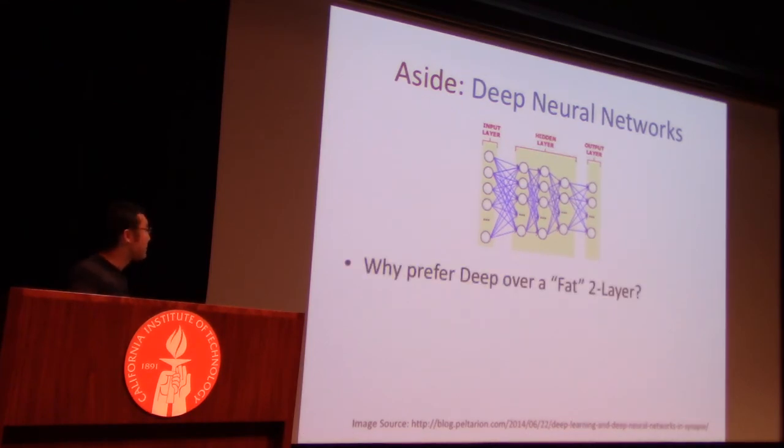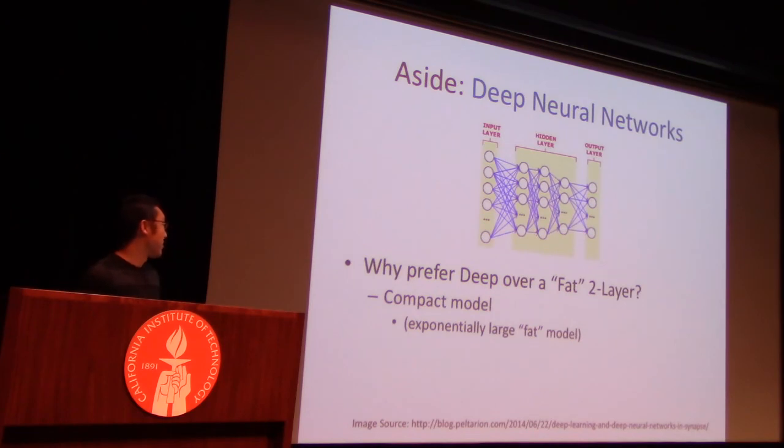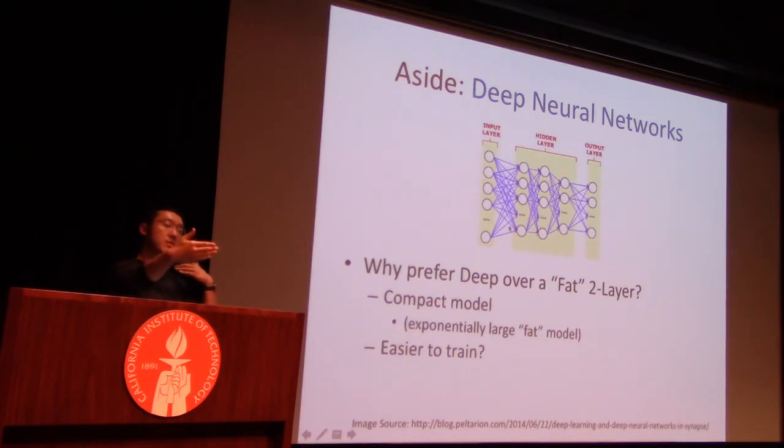So why would I prefer a deep neural net over a very fat, quote-unquote fat, shallow net? One is that it's compact, right? If you think about the analogy of circuits, if you think about EE classes, a neural net, in some sense, is very similar to a circuit design, where the depth of the circuit gives you a lot more expressivity than a shallow circuit with a lot of gates, right?